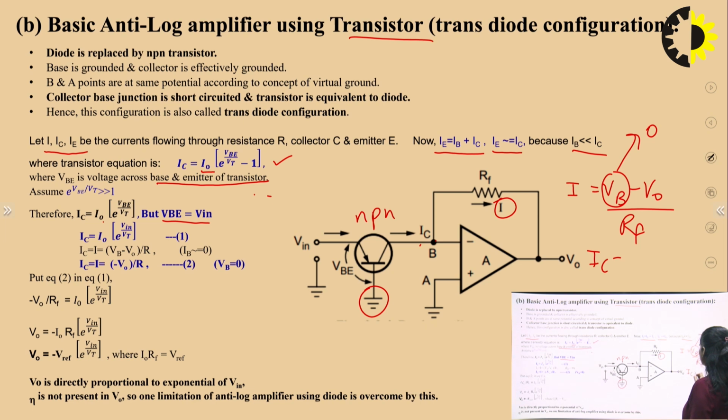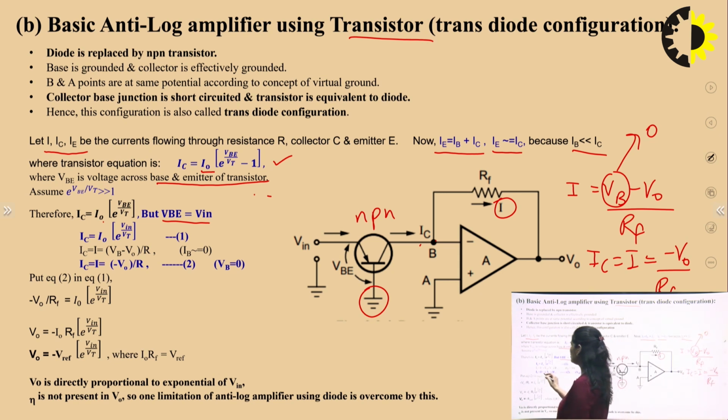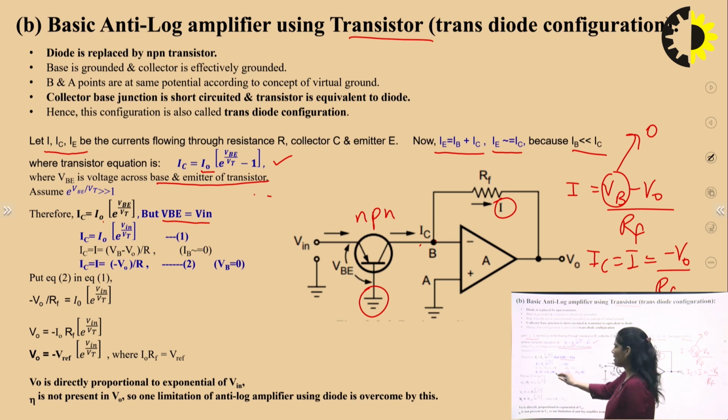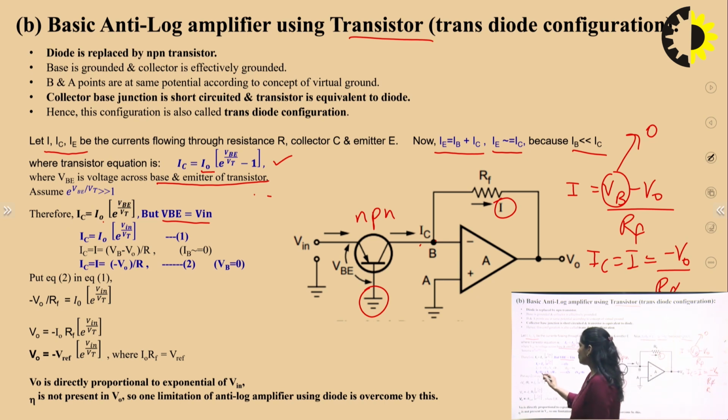So IC is equal to I is equal to minus V naught upon RF. If the resistance is R, we can replace RF with R, so IC is equal to I is equal to minus V naught upon R.